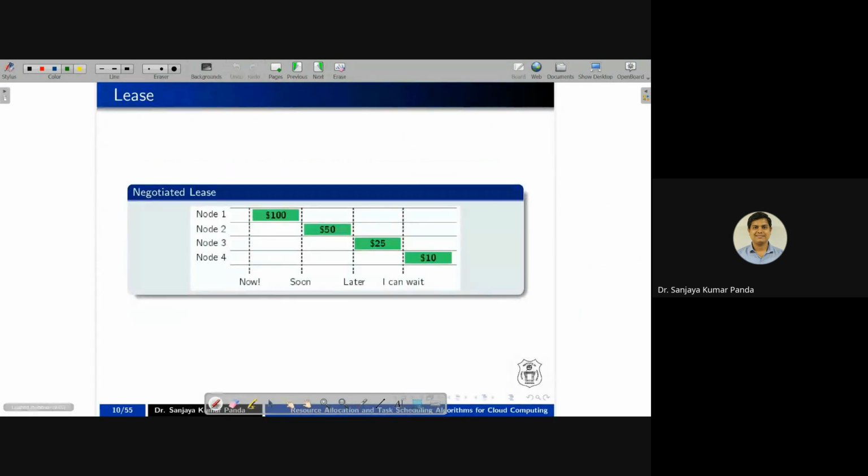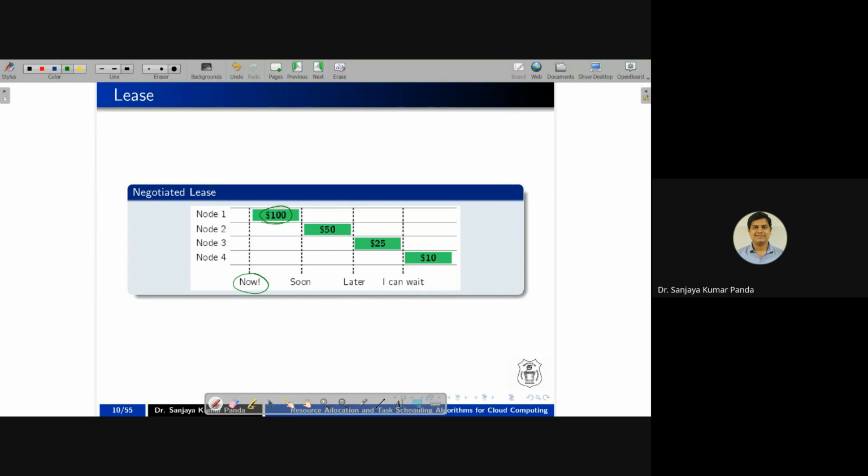There is another type of lease called a negotiated lease. Negotiated means just like bargaining, right? For example, you requested some resources from your cloud service provider, and you are ready to pay $100 if your service provider provides them.